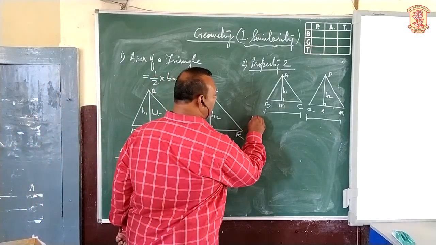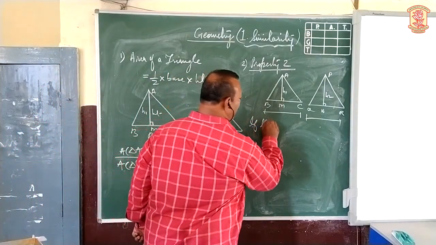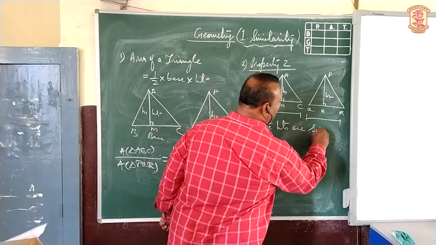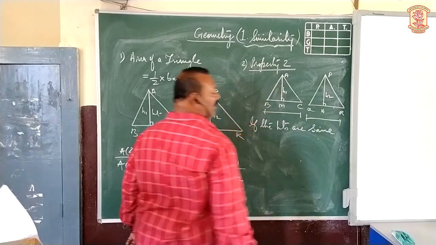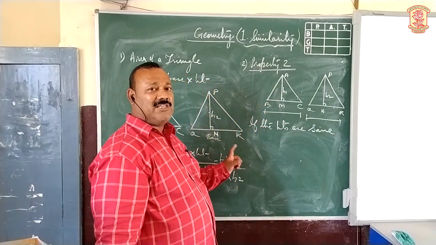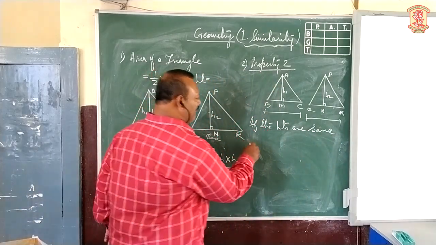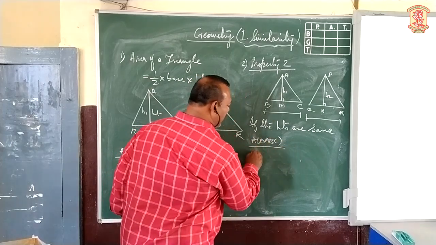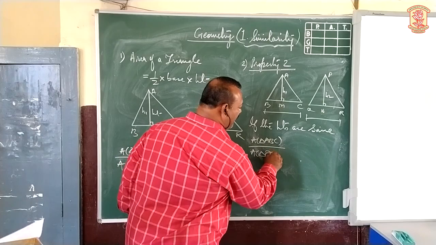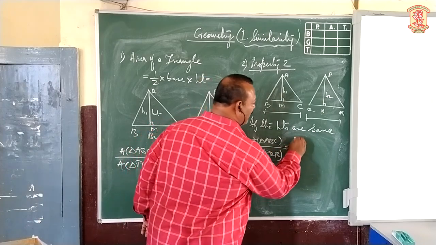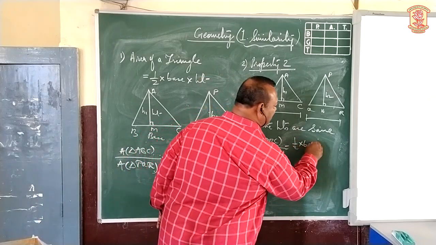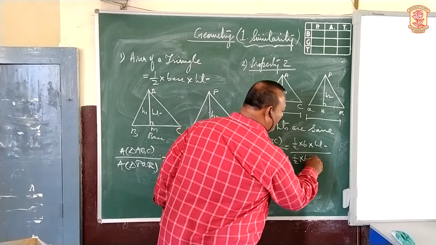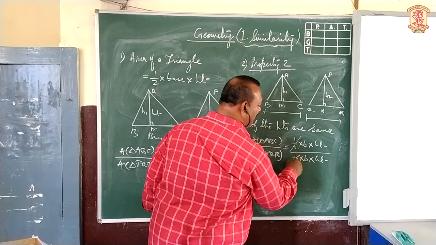For example, if the heights are the same, what will be the result when the heights of these two triangles are the same? Once again, area of triangle ABC upon area of triangle PQR equals half into base into height upon half into base into height. Similarly, half and half get cancelled.